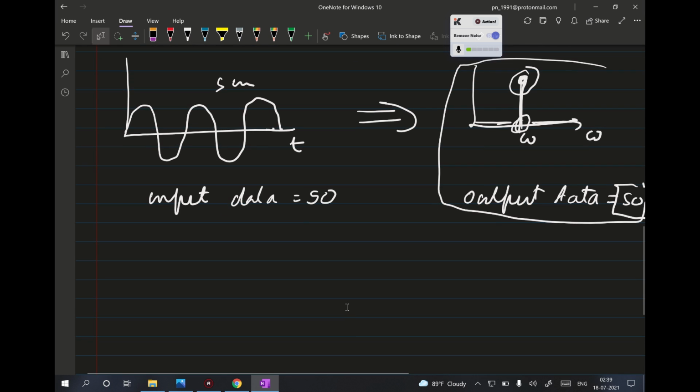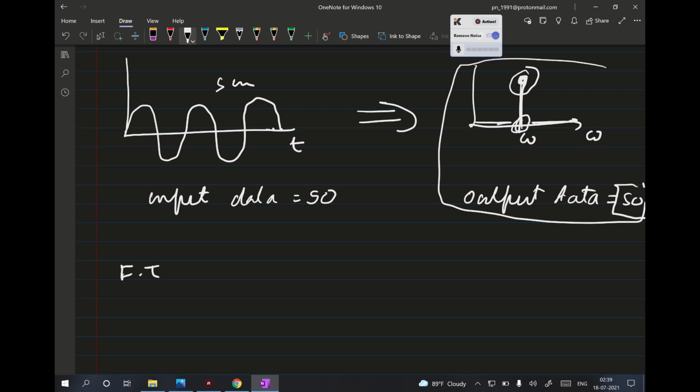So this is what we are expecting from the Fourier transformation, that of all the data I will get a response at one particular point, provided my input signal has only one frequency content.